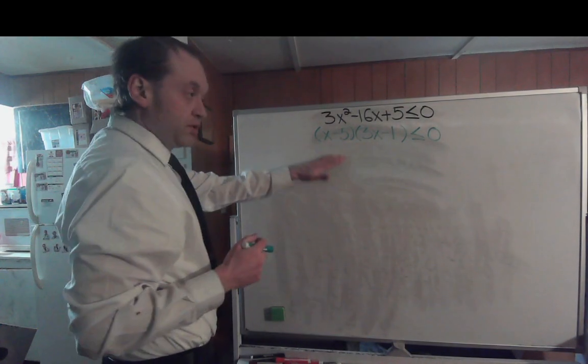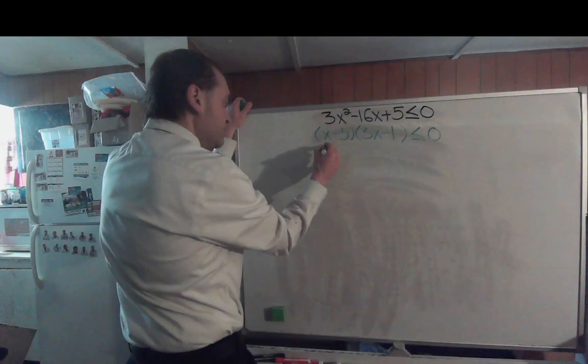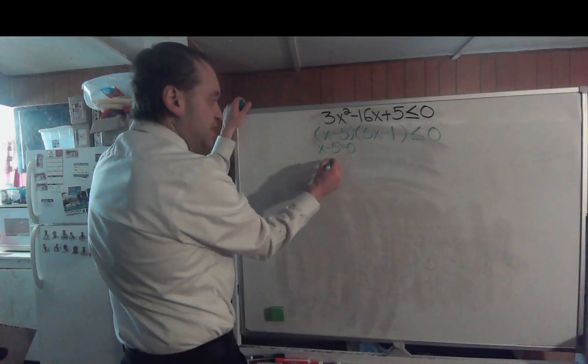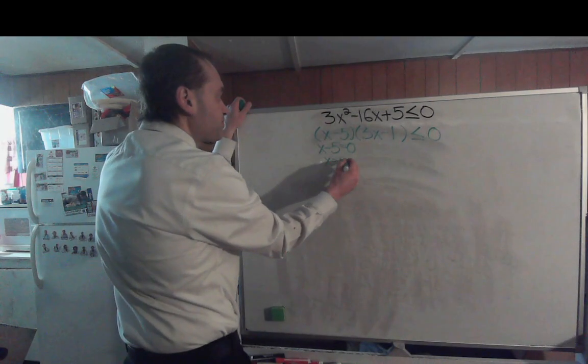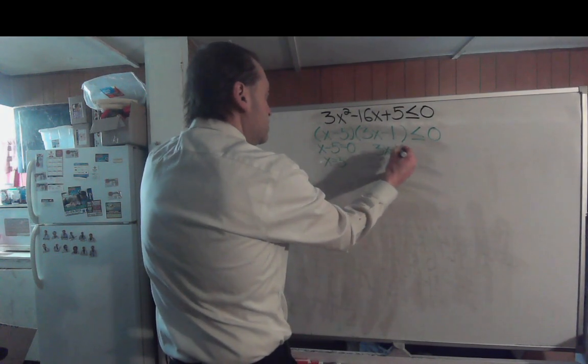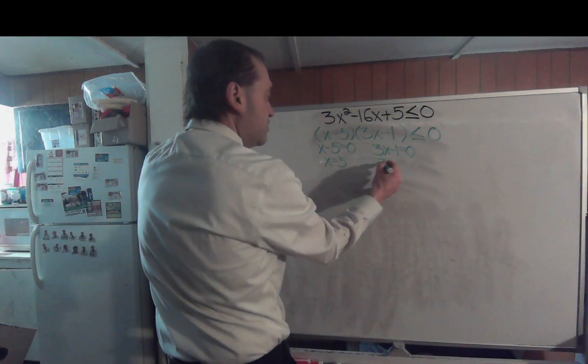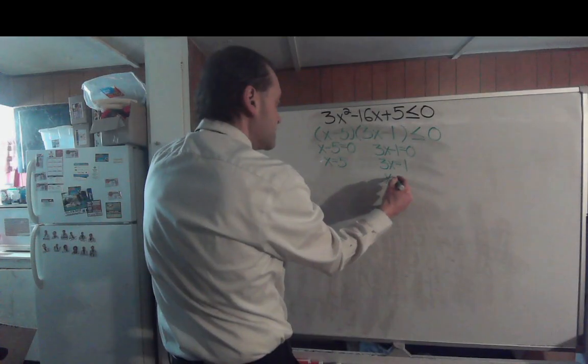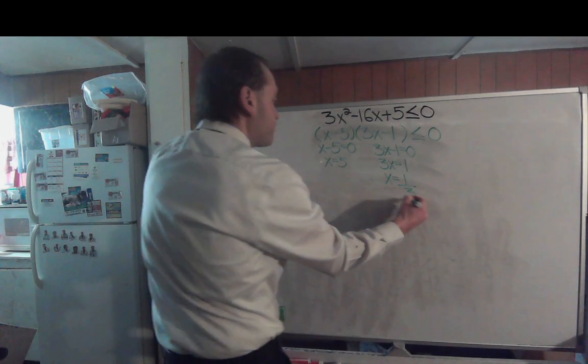Now, like before, you'll take each of these and set them equal to 0. x minus 5 equals 0 would simply give you x equals 5. And then 3x minus 1 equals 0 would give you 3x equals 1, which would give you x equals 1/3.